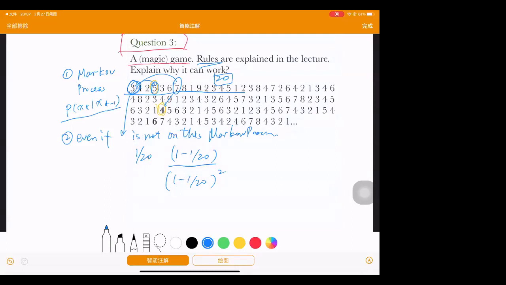That's the probability you are not on this chain. So finally, after several steps, you get (1 minus 1 over 20) to the power n, where n is the number of steps you will play. So the probability that you're not on this specific Markov chain will be very small, due to this power.